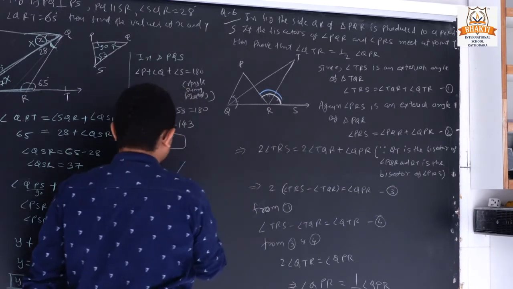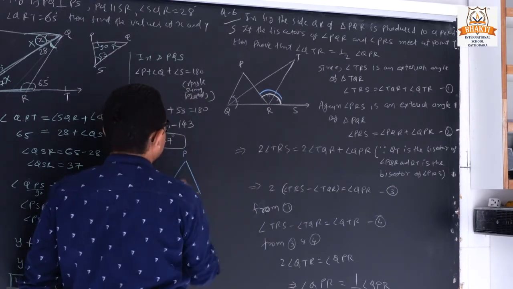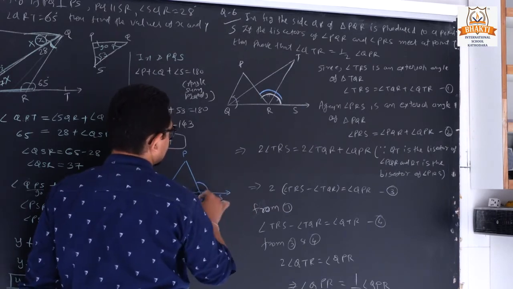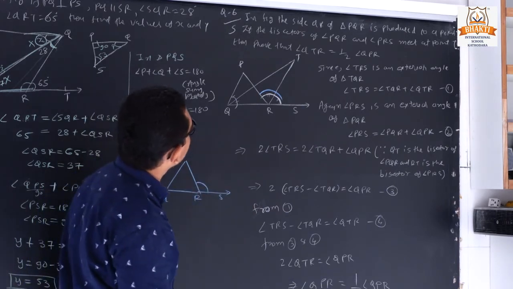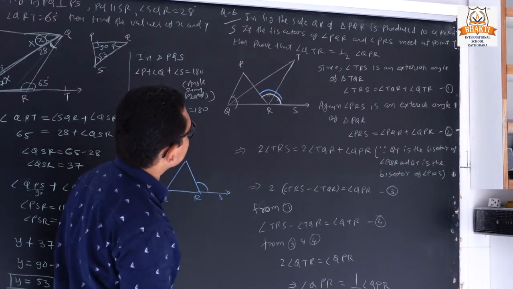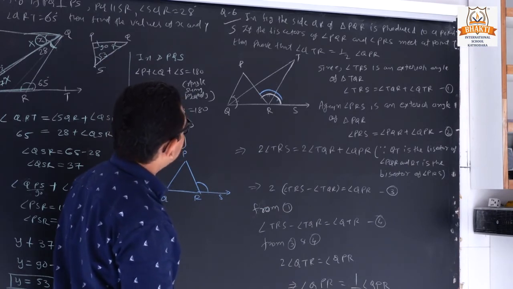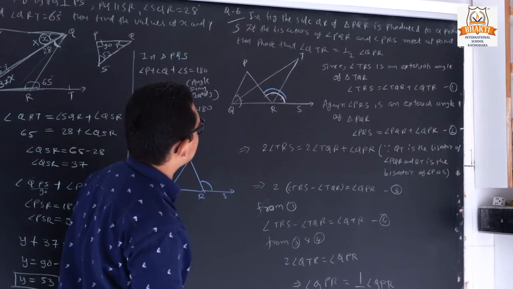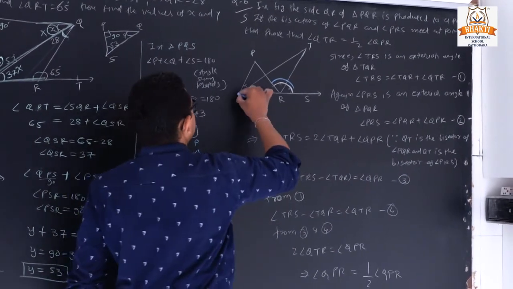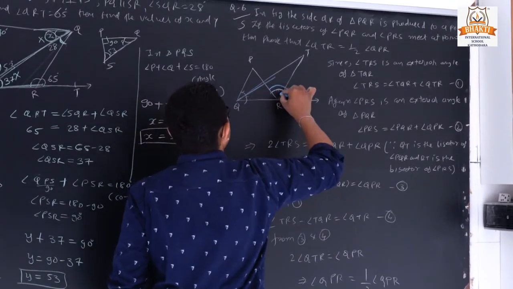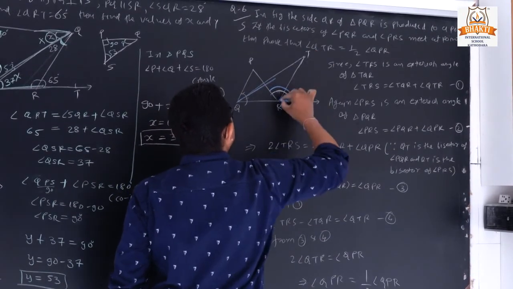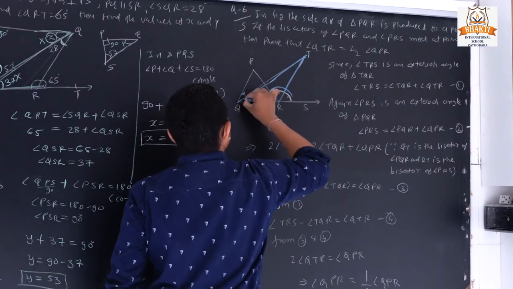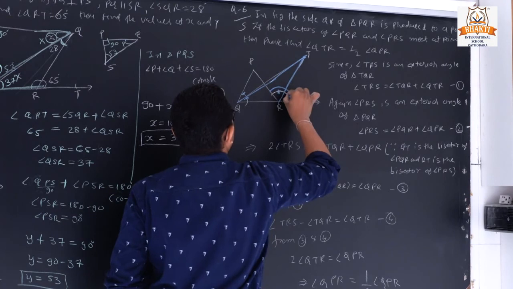If I draw it roughly, it is P, Q, R and here S. If the bisectors of angle PQR and PRS meet at the point T, so the bisector of this and the bisector of this meet at point T. Here it is also a bisector line.